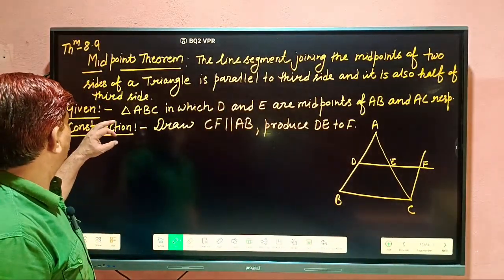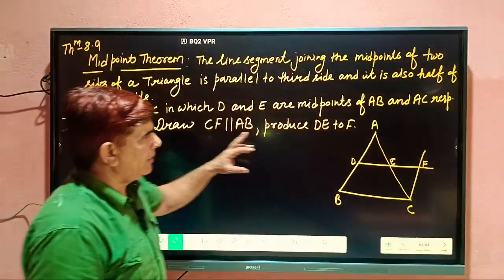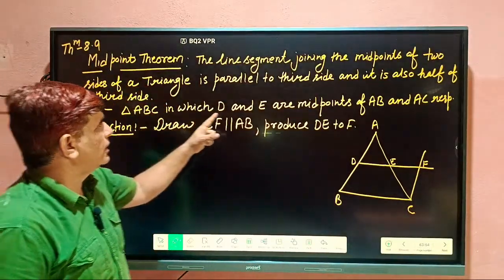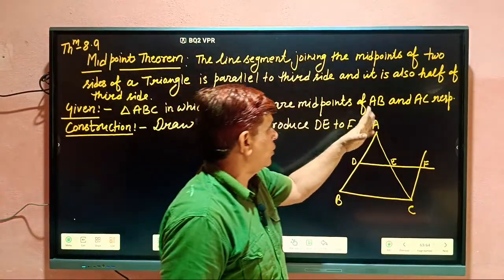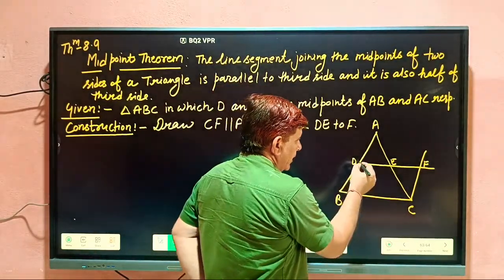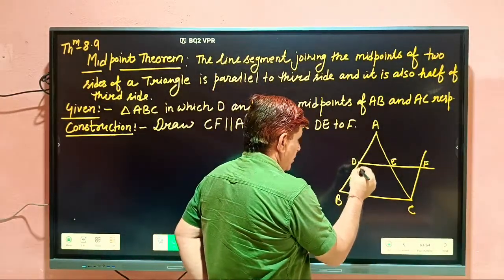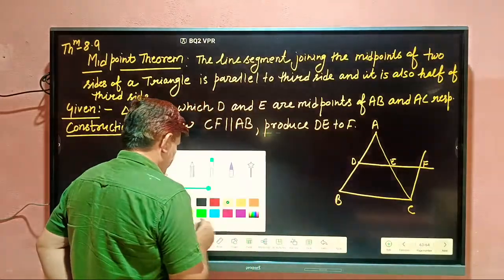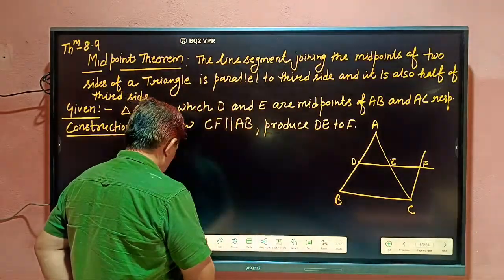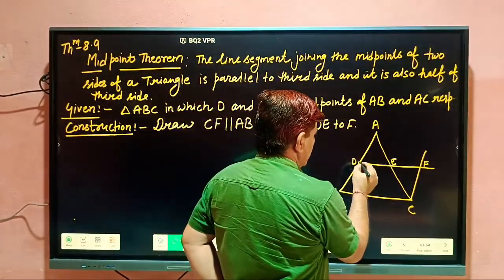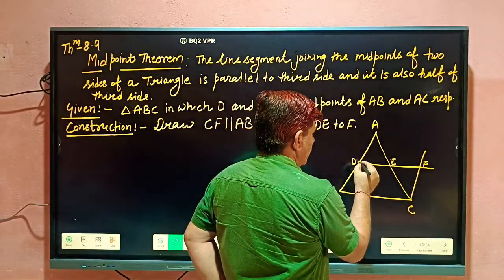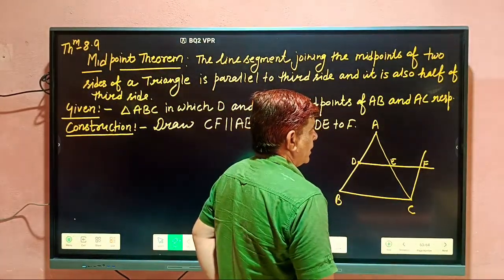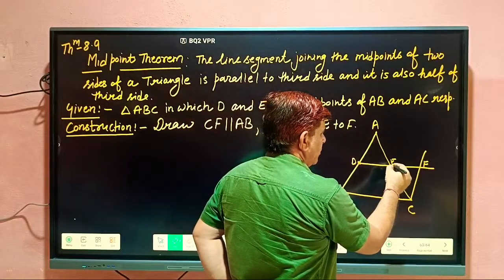So what's given? Given is this: in triangle ABC, D and E are the midpoints of AB and AC respectively. D is the midpoint of AB, and E is the midpoint of AC.